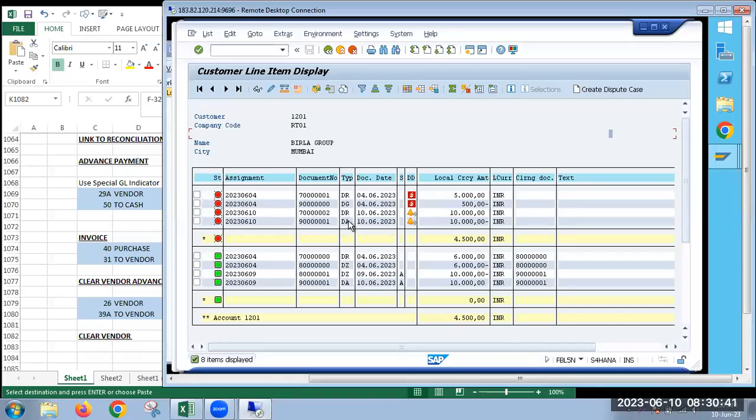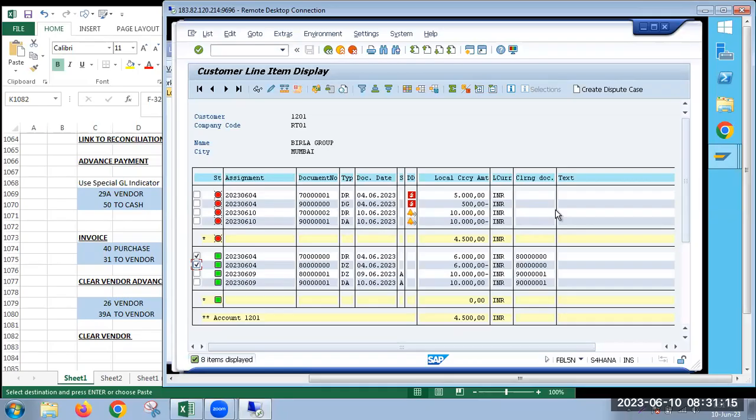Now let's see how we will clear these two transactions. Normally, if we make a payment, the payment entry will be the clearing document number. See here, this is a regular case. We made an invoice like this and we made a payment, so that payment itself was the clearing document number for the invoice. But in this case, the system will generate a new, automatically generated number.